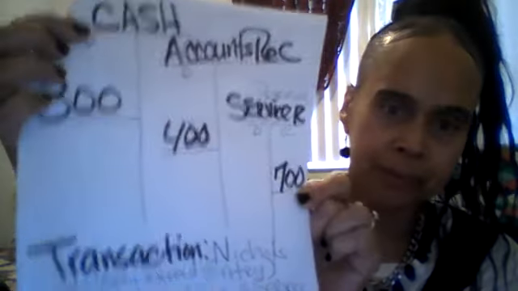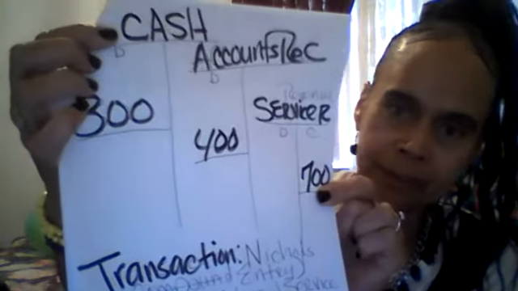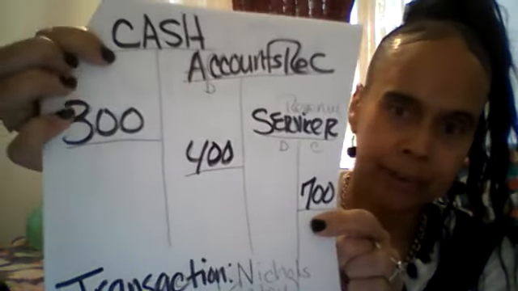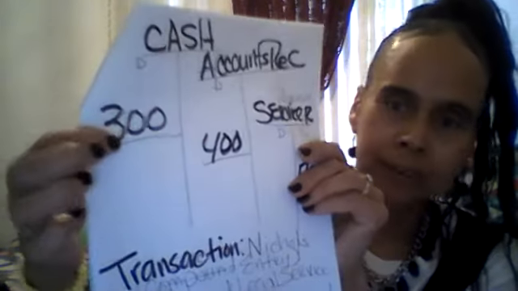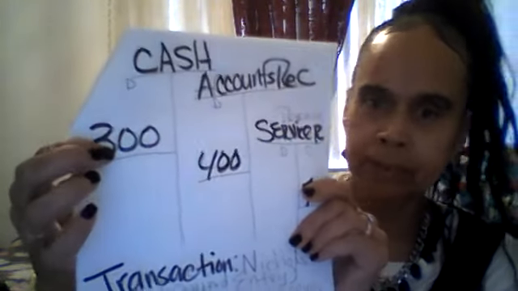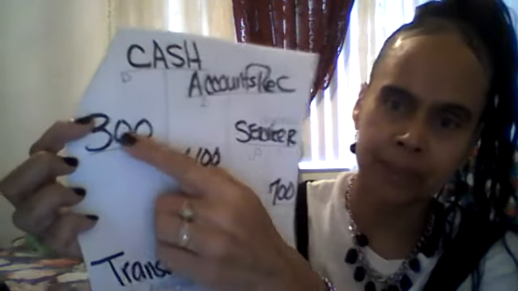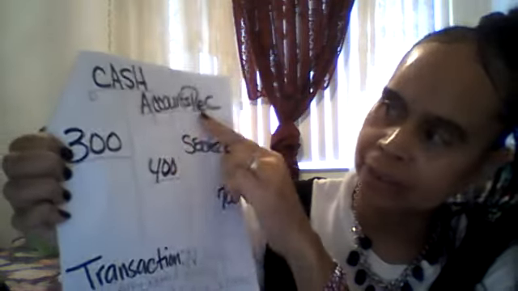Since I performed legal services for a client for $700, I want to credit service revenue $700. They paid $300 straight up, so I got $300. I debit $300 cash because that increases my cash account by $300, and then accounts receivable.